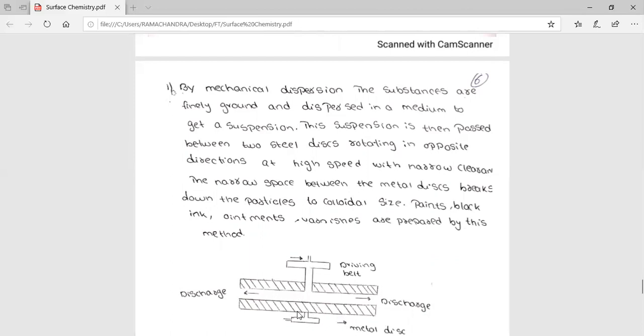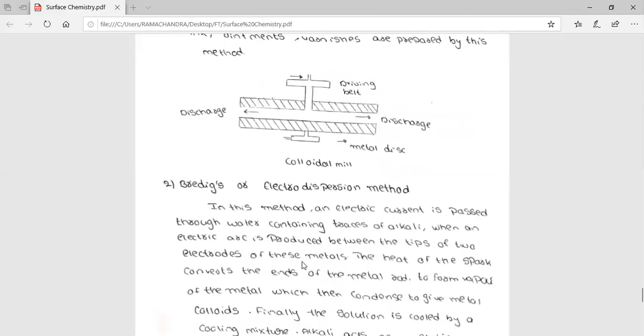When these two steel discs rotate at high speed in opposite directions, the narrow space between the two metal discs breaks down the particles to colloidal size. Paints, blocks and ointments are prepared by this method. So these are some methods for the preparation of colloidal solutions.